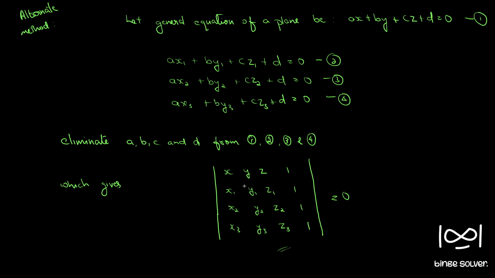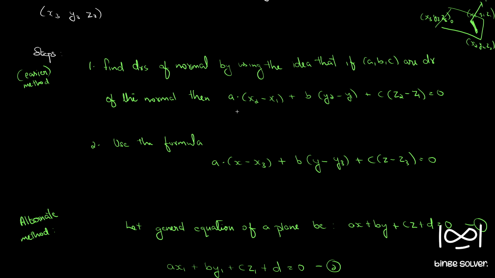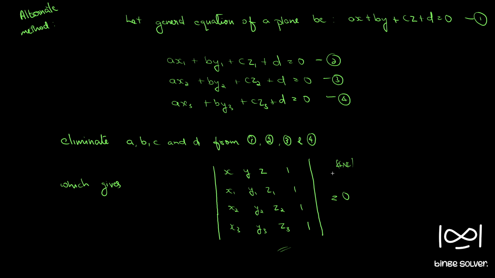While solving problems, finding the determinant of a 4 into 4 matrix will take some long steps, so you could choose the easier method. You can use either method; you will ultimately get the same equation for the plane.